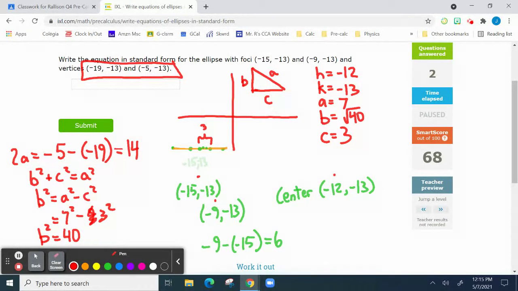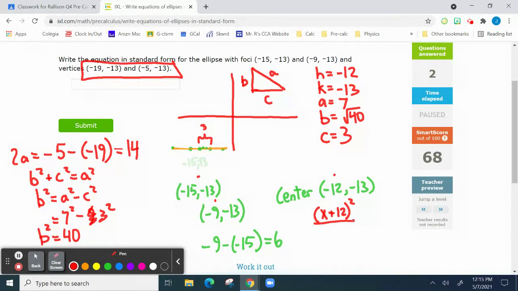So now we can start writing our equation. If only I had a little more room. We'll just do it here. We can do it. So we're going to have x, excuse me, plus 12, because it's minus negative 12, right? Hopefully it's okay that I skipped that.